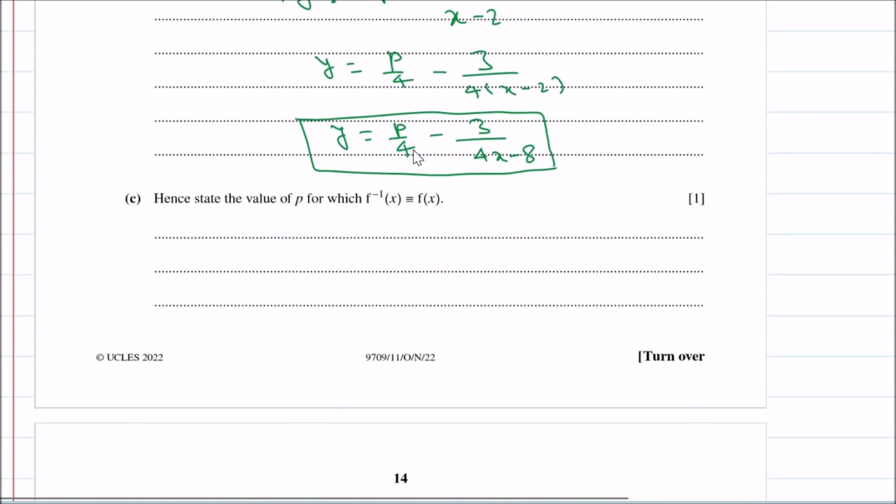And there we have p by 4 and 4x minus 8. So in place of p we have 8. So easily you can tell the value. This is why it is just a 1 mark question. So p equal to 8. It came from here.